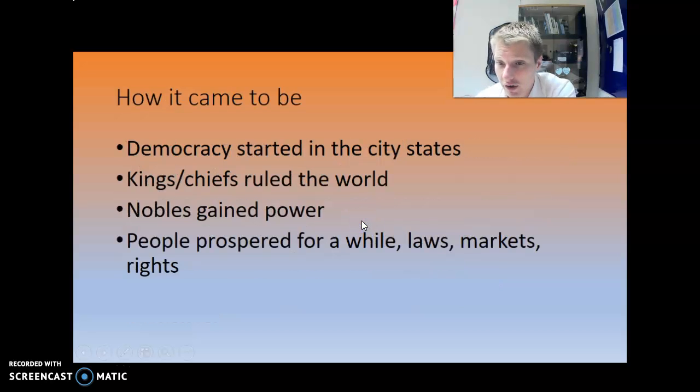So democracy started in the city-states. Remember last time there were these cities, or these polises, that grew. They had Uncle Willie as king. And so they developed into city-states. Big cities, sufficient in food, that would only really be dependent on other states when there was need for war or disaster, those kinds of things.